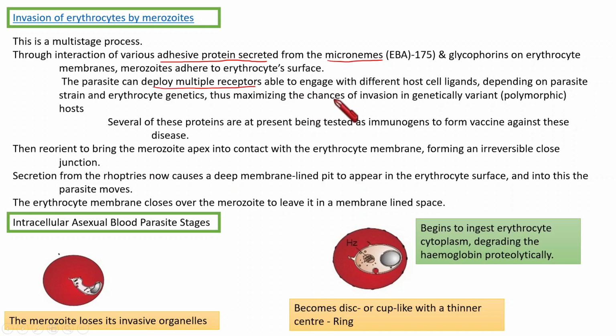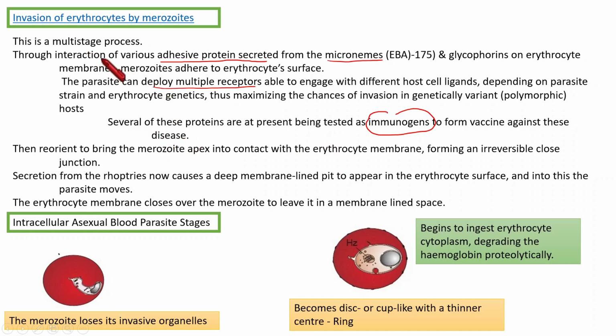The purpose is that, depending upon genetically variant hosts, it needs to maximize the chance of invasion. And these receptors later are tested as immunogens, and against that, vaccines have later been developed to treat this disease.